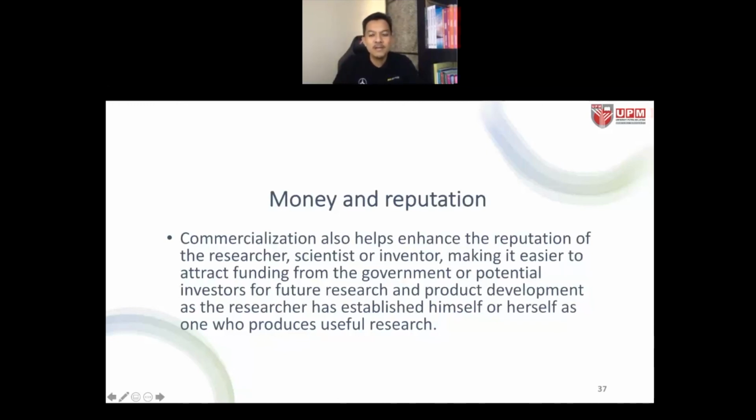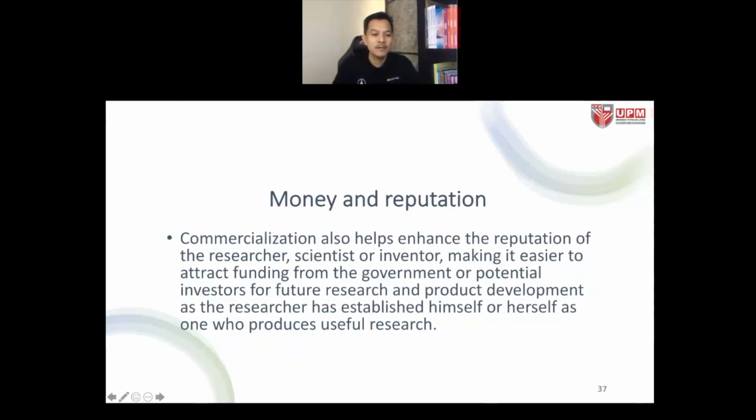So it will make things easier to attract funding from the government or potential investors for future research. Remember, I gave the example of the vacuum blood container that we managed to obtain a 5 million ringgit grant from the investor to help the company to produce the product at the commercialization stage before they go into the business stages.